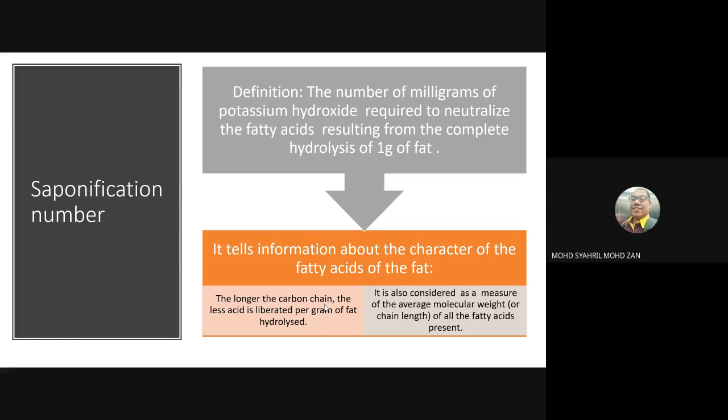Okay, kalau pendek lagi cepat sebab mudah decompose. So yang kedua ni dia maksudnya consider a measurement of average molecular weights of all fatty acid present. So kita boleh kira berapa berat setiap average of molecular weight of the fats ataupun lipids tu. Okay, let's mean our saponification numbers.